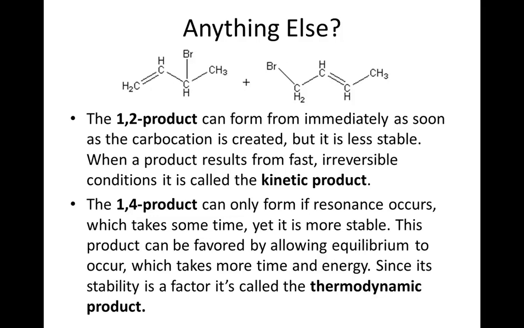And the study of the energies of the products is thermodynamics. And so if we're allowing for equilibrium to occur and worrying about the energy, the enthalpy of our products, that's a thermodynamic argument. And so we're going to call the 1,4 product the thermodynamic product.